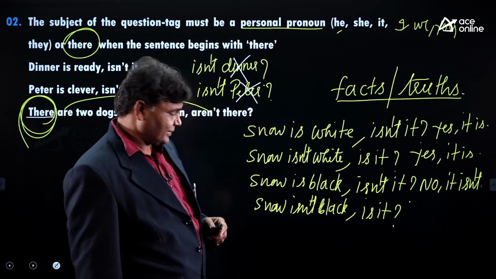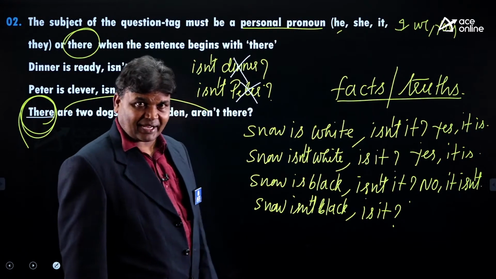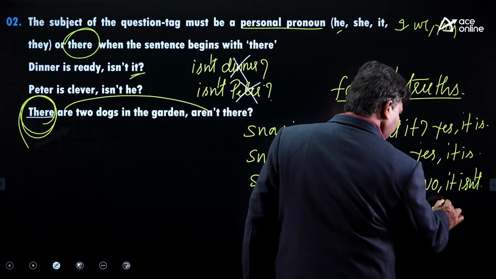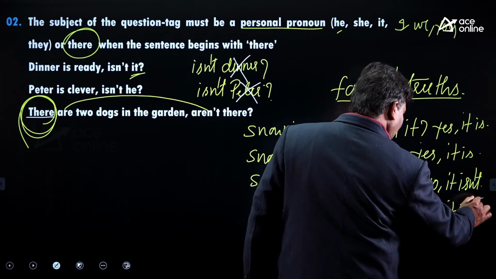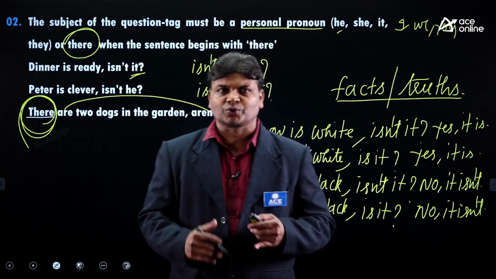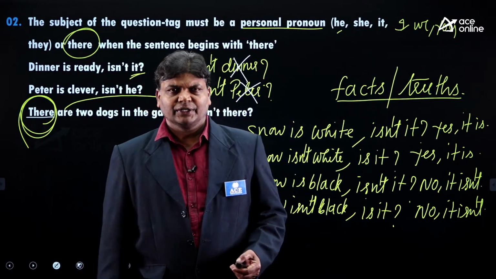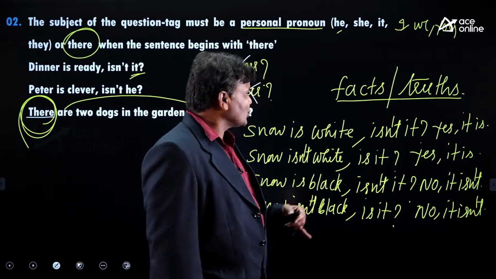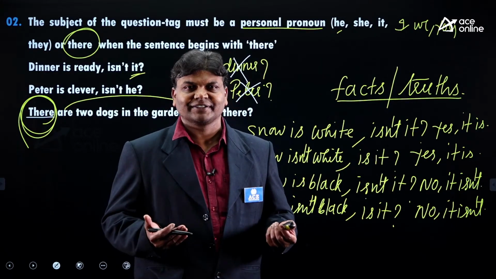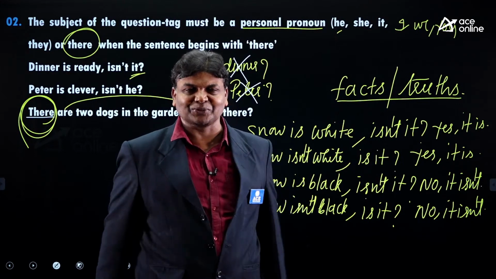Yes, it is, which means the fact is black. The same answer you'll get now. No, it isn't black. The fact is it isn't black. The truth is that sometimes you need to be very careful, students. So sometimes truths, facts have to be seen as a fact. Truth has to be seen as truth itself now.